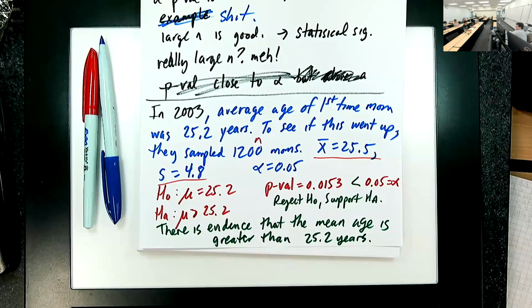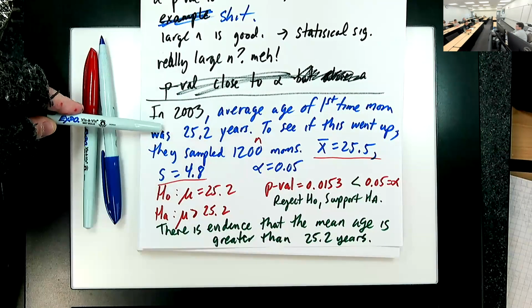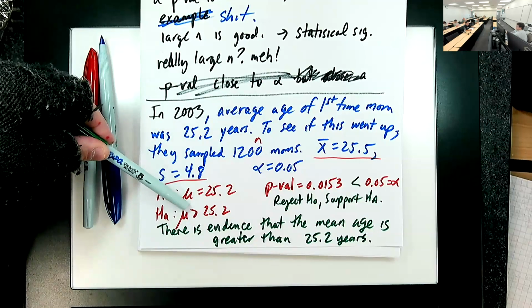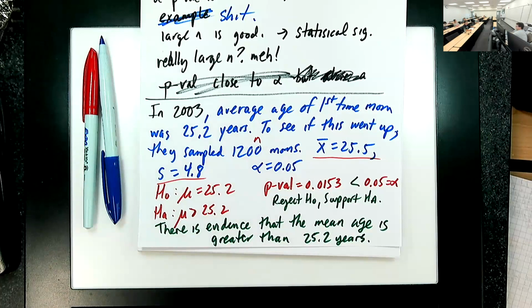Greater than? More than, increased. If it went up, it's greater than. Mu is HA, and we're supporting HA. So the mean age is greater than 25.2 years.